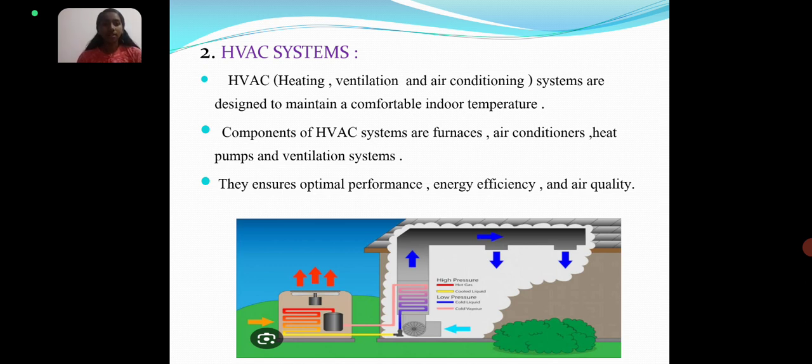HVAC systems are designed to maintain a comfortable indoor temperature. The components of heating, ventilation and air conditioning systems are furnaces, air conditioners, heat pumps and ventilation systems. They ensure optimal performance, energy efficiency and good air quality.